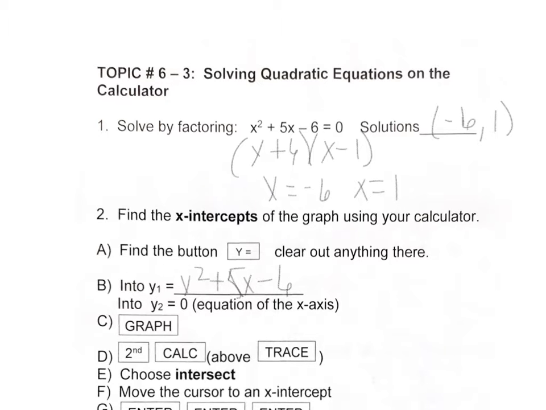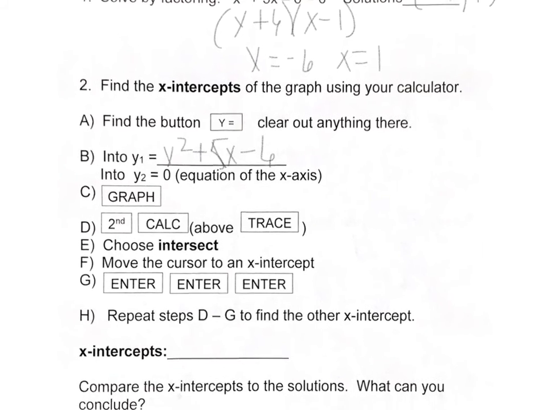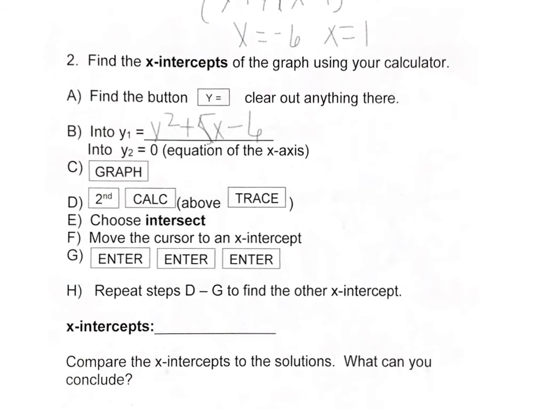Once you do that, you're going to type into y2, you're going to hit 0 because you want to set it equal to 0. So I'll give you a minute to do that. And then you're going to hit graph.